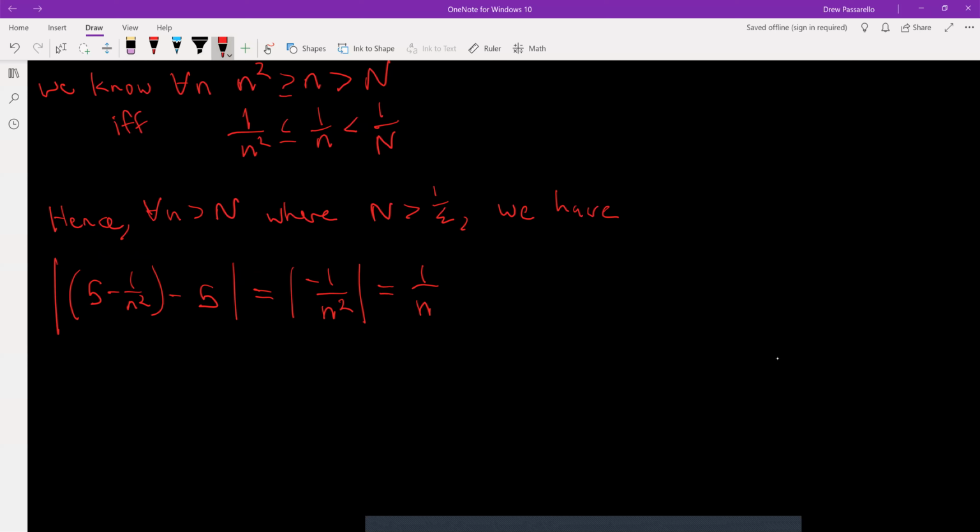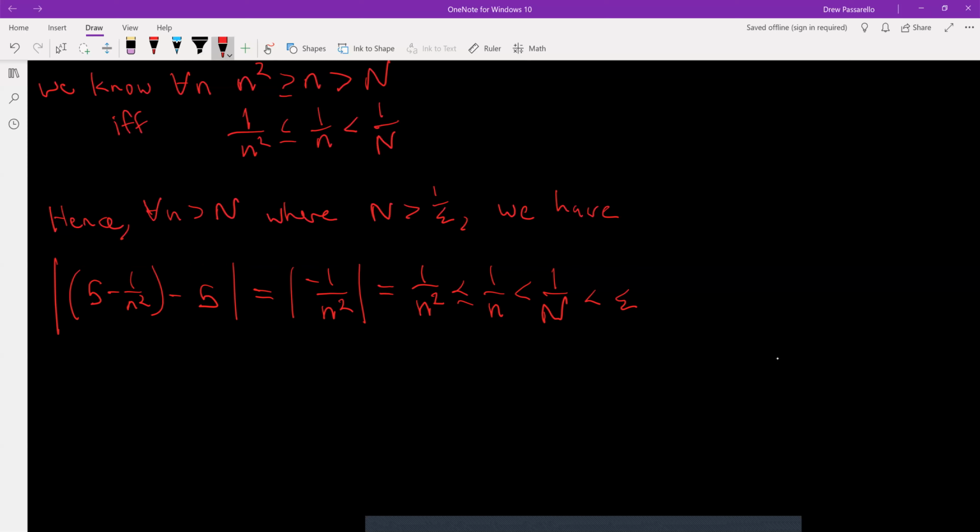And we know 1 over n squared is less than or equal to 1 over n. Then for this particular n, that's bigger than capital N, we know 1 over little n is less than 1 over capital N. But because we have capital N greater than 1 over epsilon, we know 1 over capital N is less than epsilon. So this is less than epsilon.